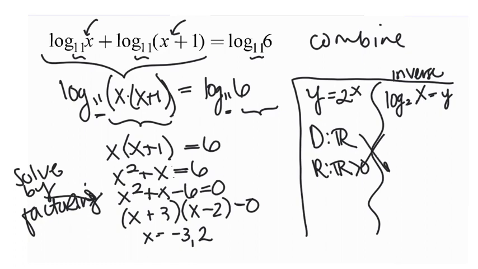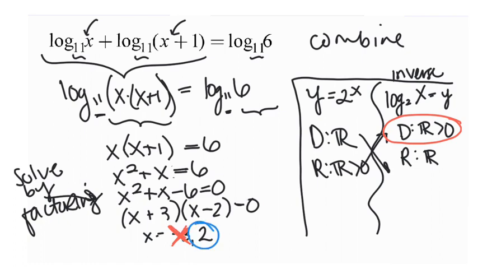And remember, my domain and range switch. So the domain for this one is all real numbers greater than 0, and the range is all real numbers. What that means, though, is when I'm thinking about this, I can only put in positive numbers. So this answer over here won't work. The only answer that works is x equals 2.